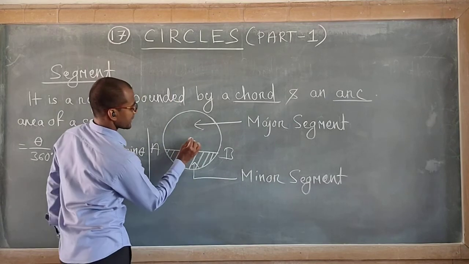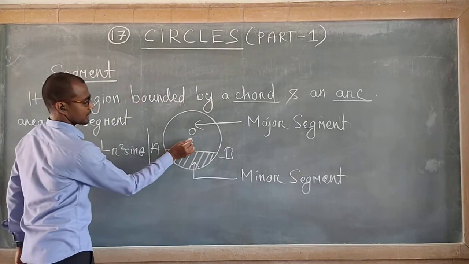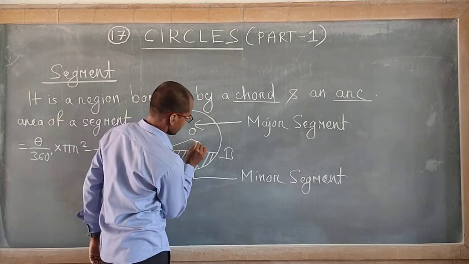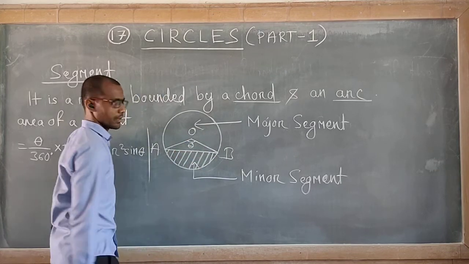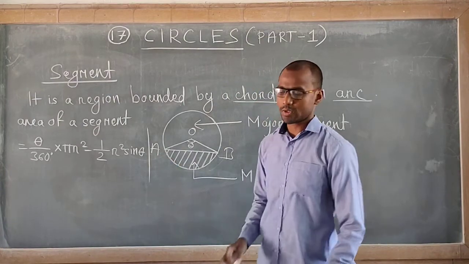This you cannot understand now. What is this sin theta? You have not studied trigonometry till now. Still, I am giving the formula. Let the center be O. Join OA and join OB. This angle is called theta. So this is the formula.